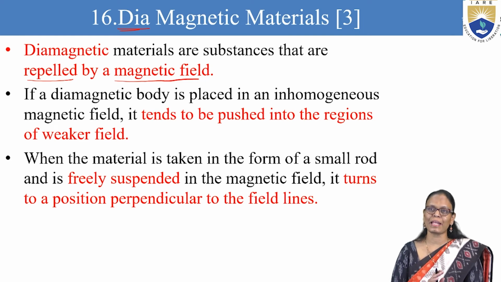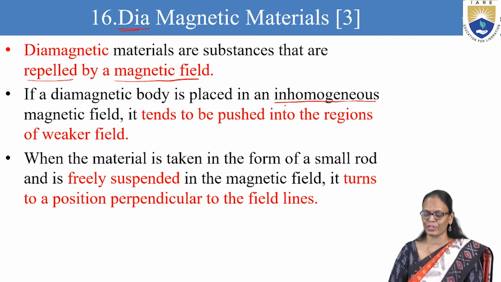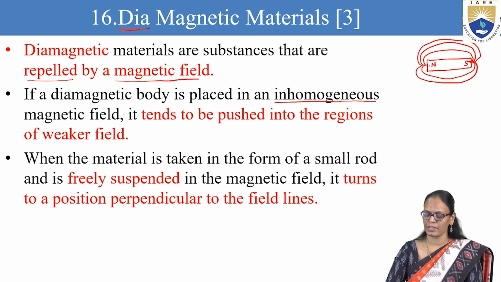And whenever you are placing it in an inhomogeneous field, inhomogeneous means where the field is not uniform. Suppose we are taking a magnet, you see, the North Pole and the South Pole, we have the lines of force like this. These are the lines of force.